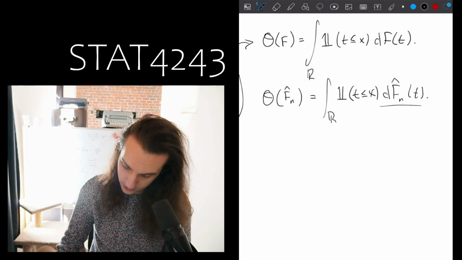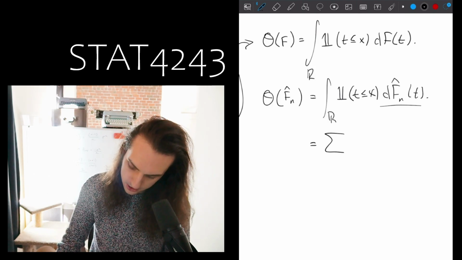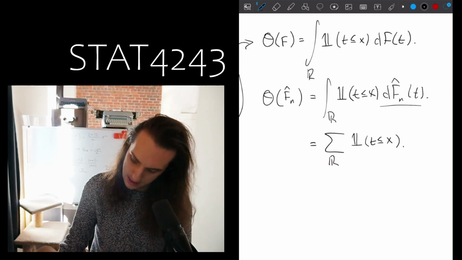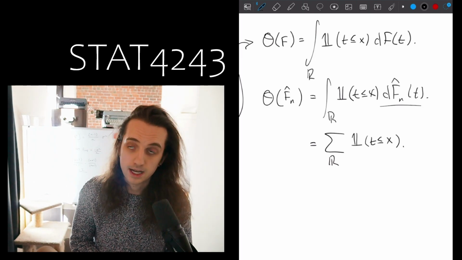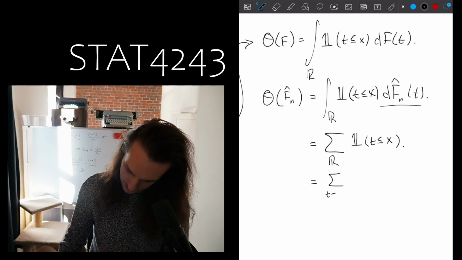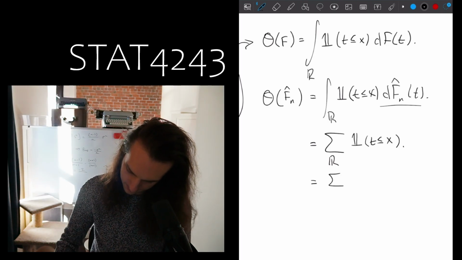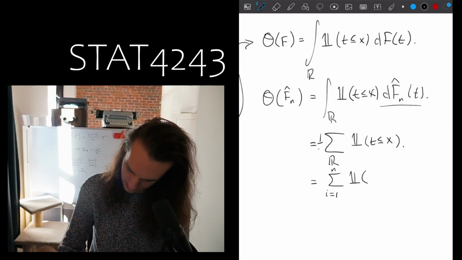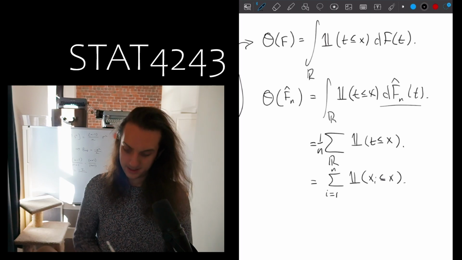And so what this actually is here is the summation over, we could still sum over the real values of the indicator that t is less than or equal to x, but the only values that are actually going to have positive probability here are going to be the values, we could rewrite this based on the notation we were using, x_i, i from 1 to n, indicator of x_i less than or equal to x here.